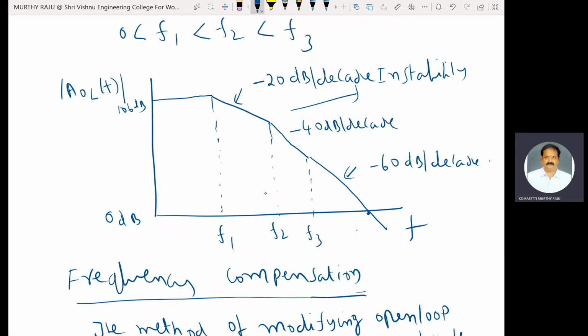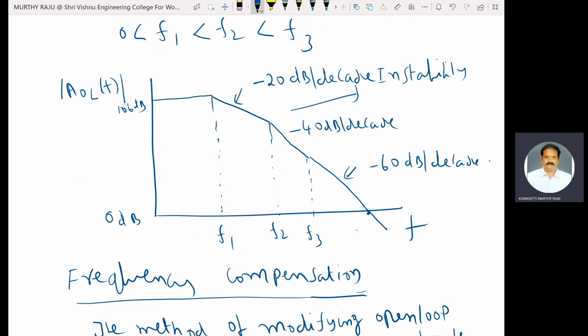Consider 3 stages, each stage having some break frequencies. First stage break frequency is F1, second stage break frequency is F2, third stage break frequency is F3. These break frequencies are due to 3 capacitive effects, each due to physical characteristics of the semiconductor devices and internal construction of the op amp.